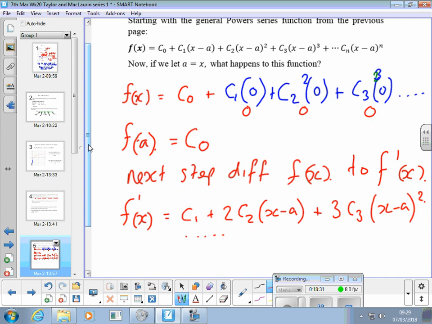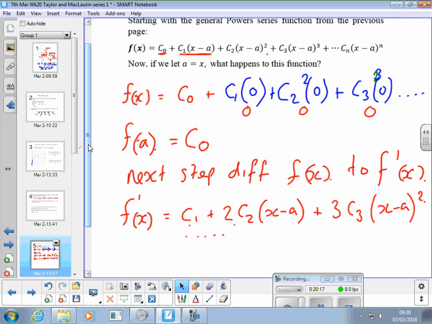What's the problem? I've differentiated the constant and end up with nothing. Do you agree? Differentiate c1 times x, I end up with c1. Differentiate c2 times x squared, 2 comes down in front, take 1 off the power. 3 comes down in front, take 1 off the power. All right with that at the moment.